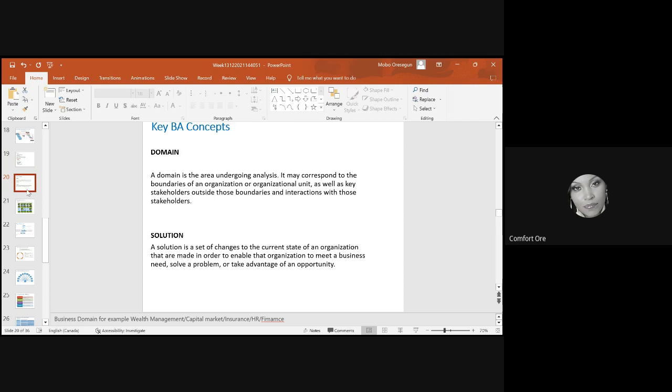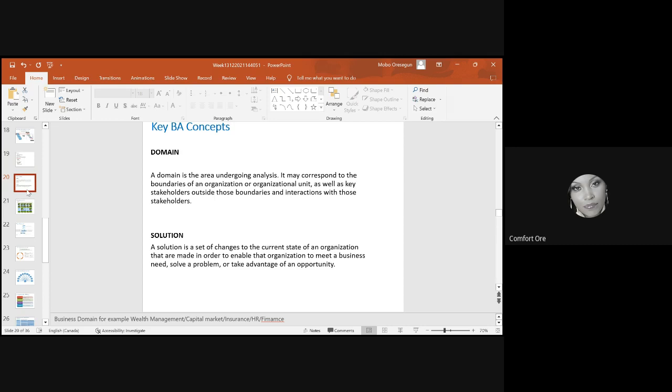It will correspond to the boundaries of an organization or organization units, as well as the key stakeholders outside those boundaries and interactions with those stakeholders. Basically, all of this English means where your problem statement is emanating from. So where the issue is, where you need to focus your attention.